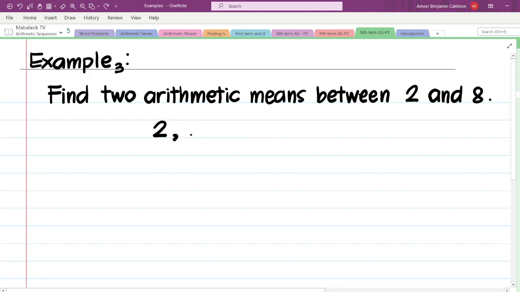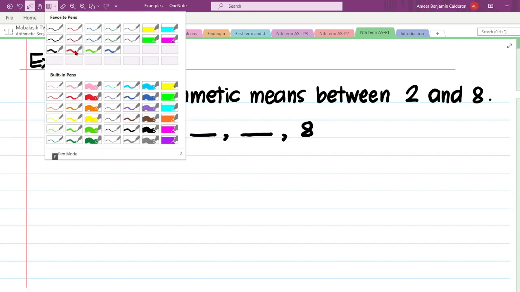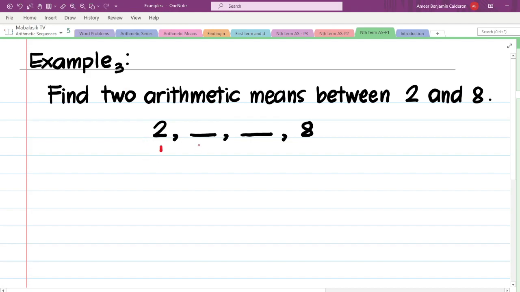So this is our first arithmetic mean, this is our second arithmetic mean, and this is 8. Because according to our problem, we have to find those two arithmetic means between 2 and 8. So we inserted them in between 2 and 8, thus giving us how many terms? So we have 1, 2, 3, 4. So we have 4 terms.